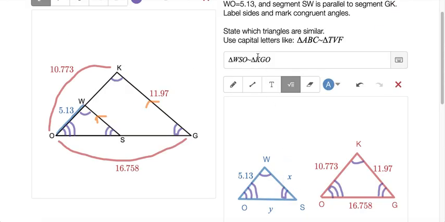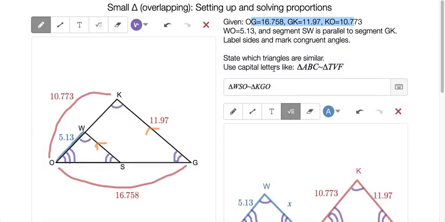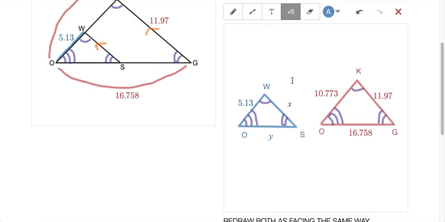We could go up to the names and see SW goes with KG, but why do that when we have this beautiful crystal clear picture that shows X from the single to the double goes with the other single to the double, which is 11.97 in the same place because we drew it that way. So X goes with 11.97.